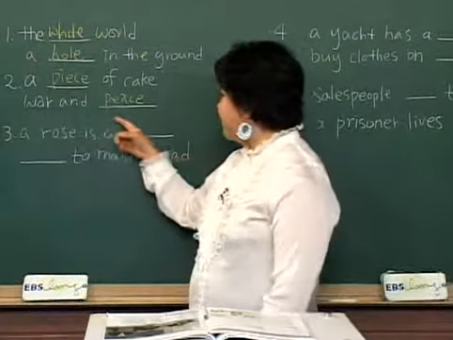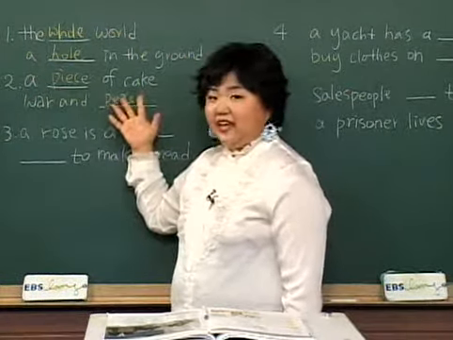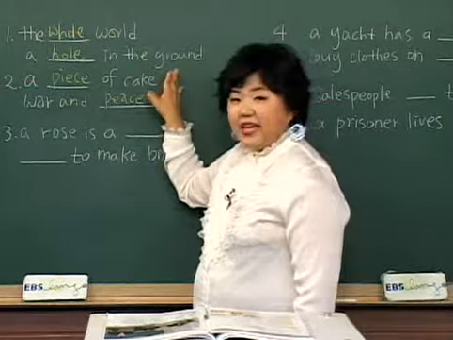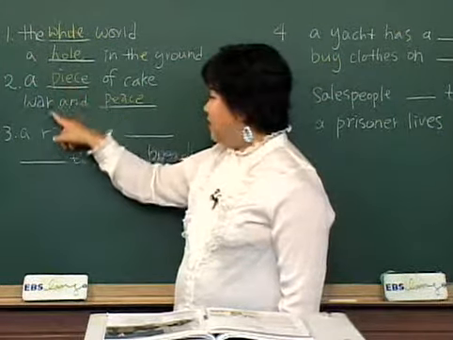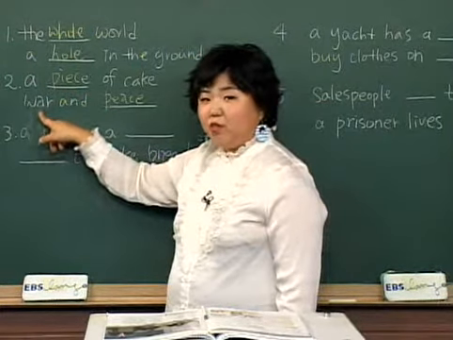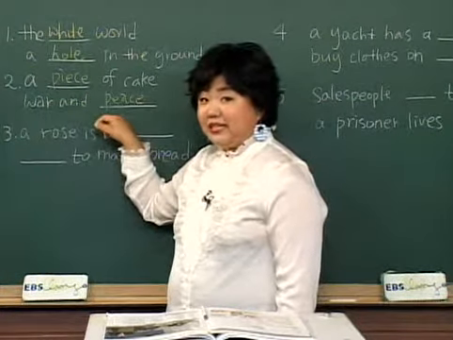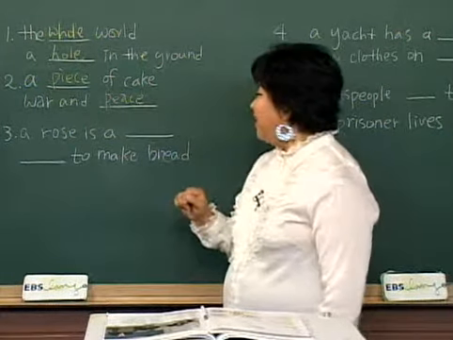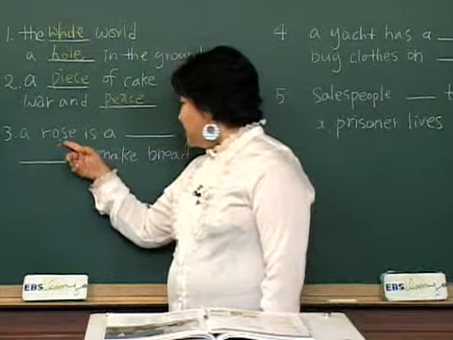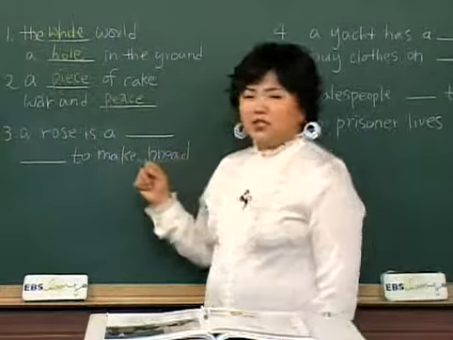Peace, war and peace, and a piece of cake, okay? So when you see this word like cake, you should think about this piece. And if you look at war, which is the opposite of war? Yeah, that's right, peace. P-E-A-C-E. 이렇게 생각을 하셔야 되겠죠?